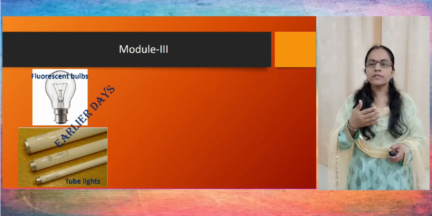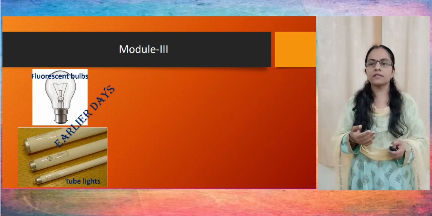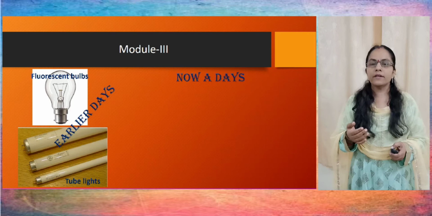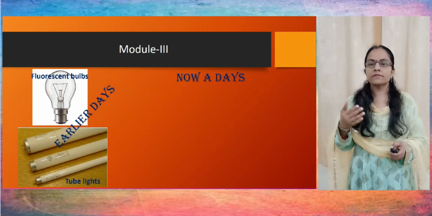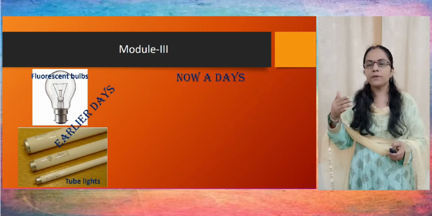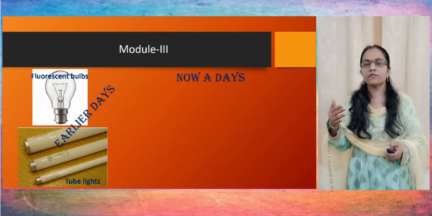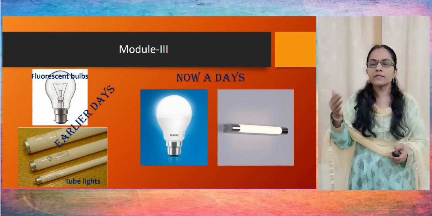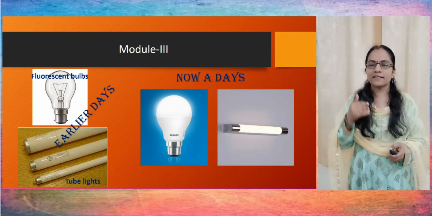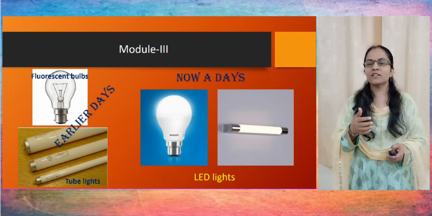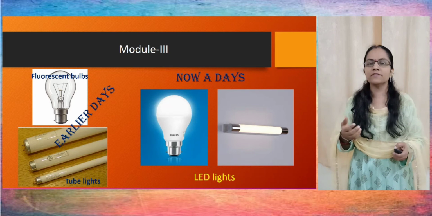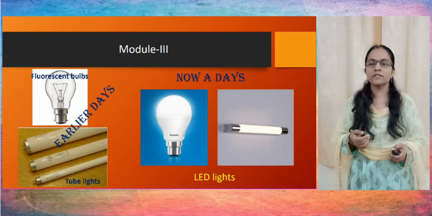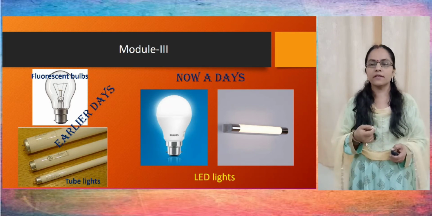Of course, many people are still using these types of lights. But nowadays, most of these traditional lights are being replaced with a different type of energy efficient lights. Can you guess what is that? Right guys, these are nothing but LED lights made up of light emitting diodes, which is a semiconductor diode.